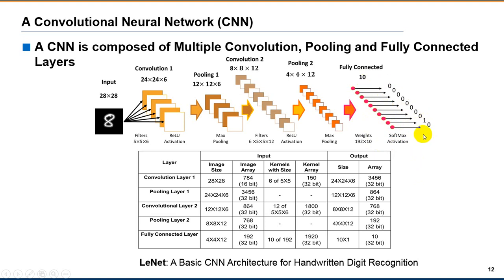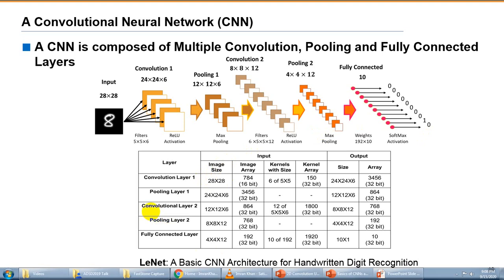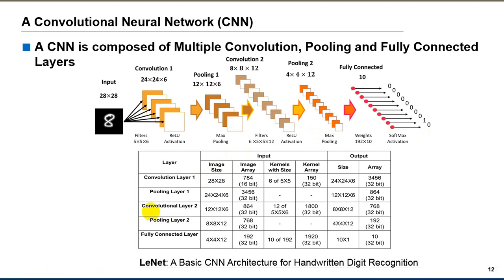So these are the input sizes of the input image. This network is used for the classification of handwritten digits, and it can also be used for CIFAR 10 dataset classification or CIFAR 100 dataset classification.